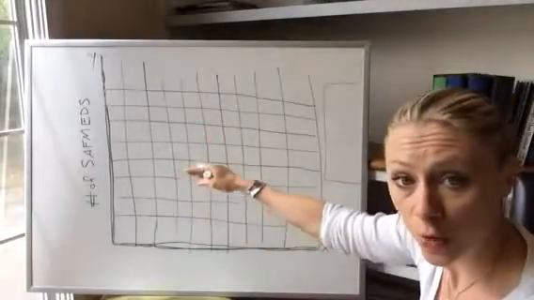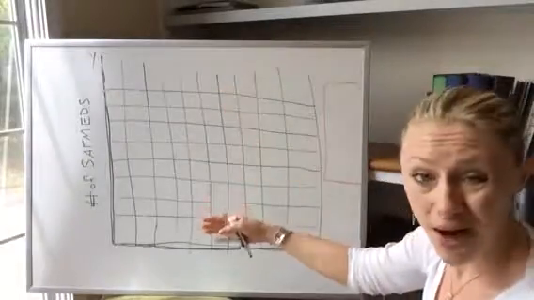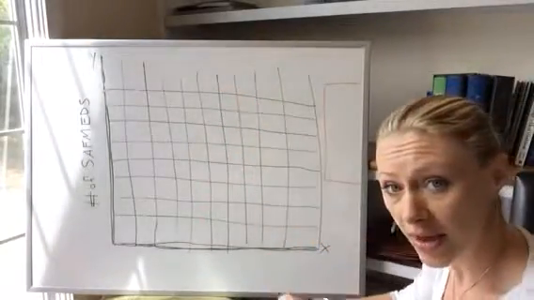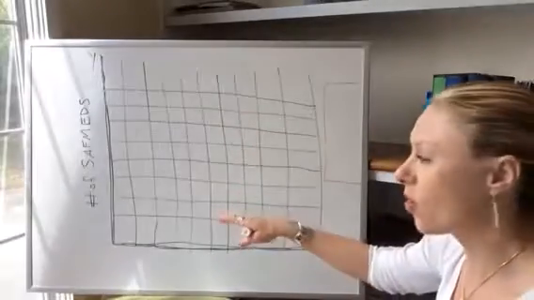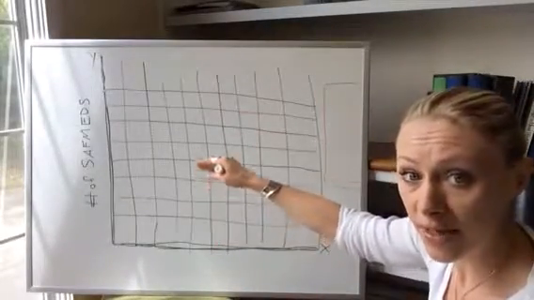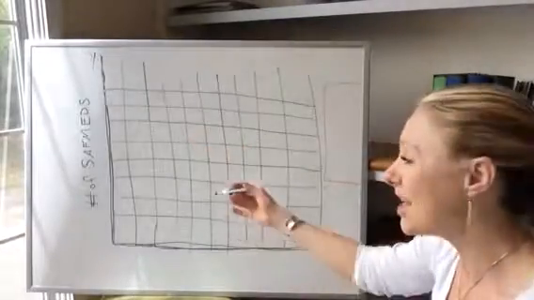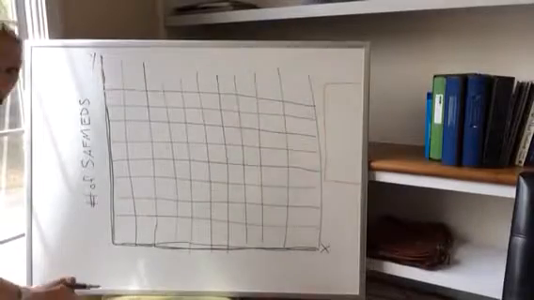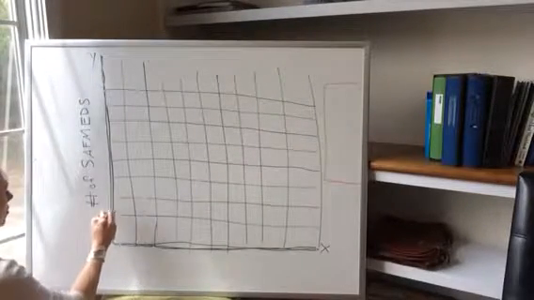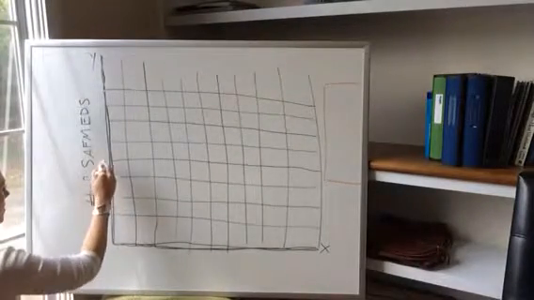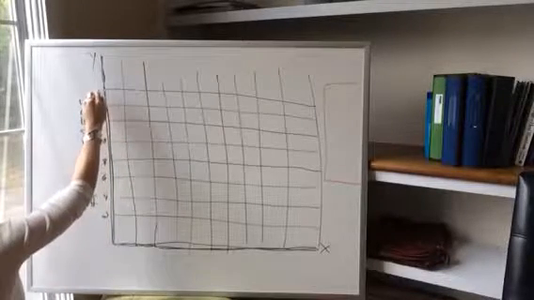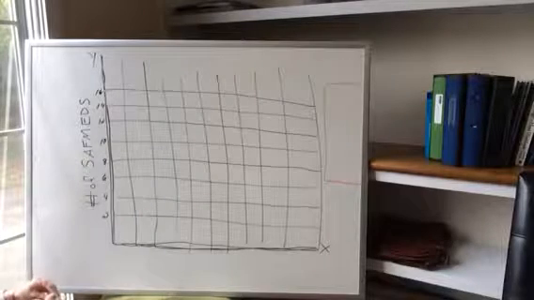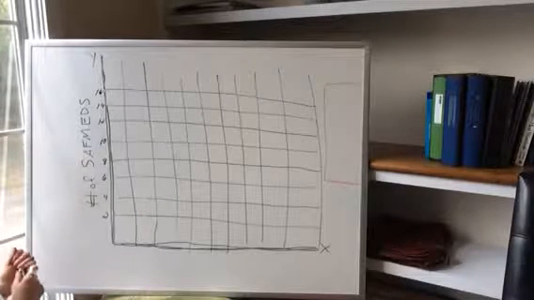It could go 2, 4, 6, 8, 10, maybe 5, 10, 15, 20, or it could go 5 minutes, 10 minutes, 15 minutes, but it won't go 1 minute, 1.5 minutes, 10 minutes, all right? Equal intervals. So, number of SAFMEDs, we're going to go up by 2. Say 2, 4, 6, 8, 10, 12, 14, 16. All right.